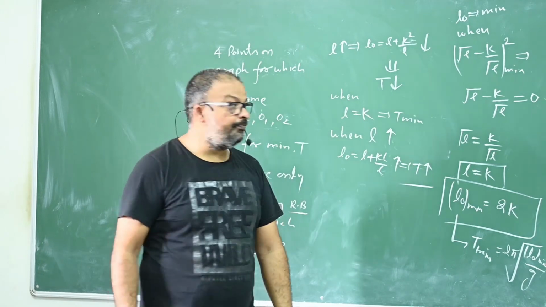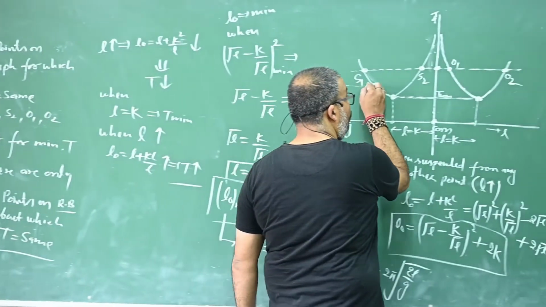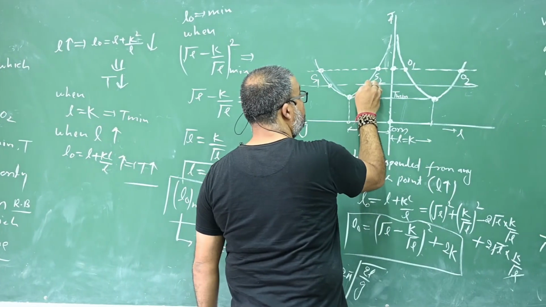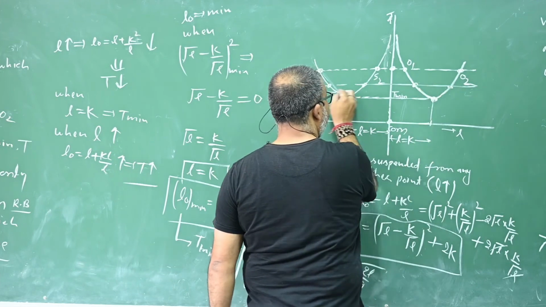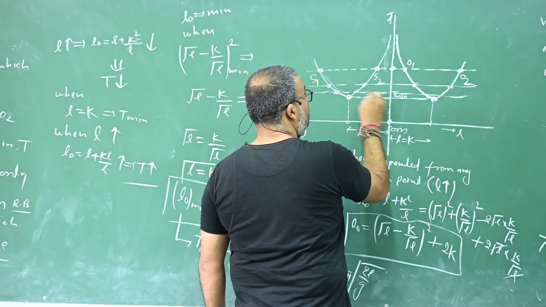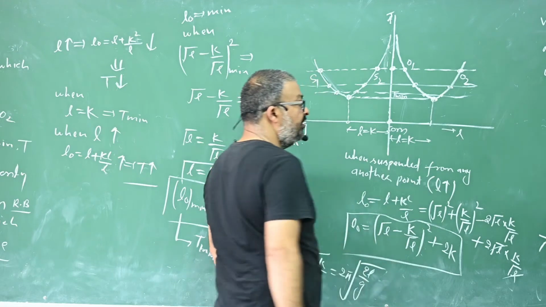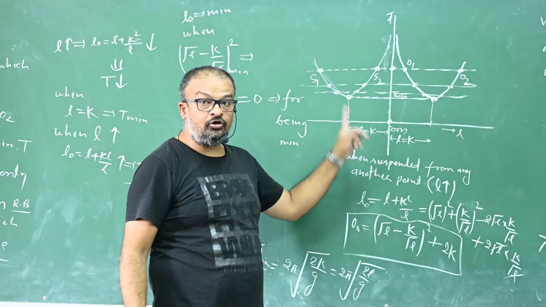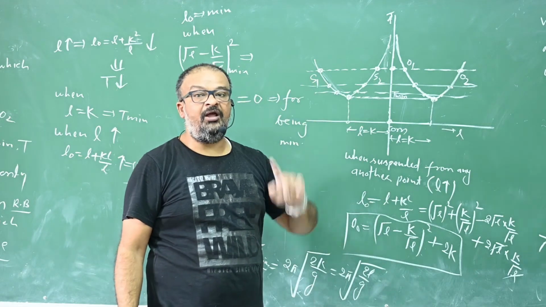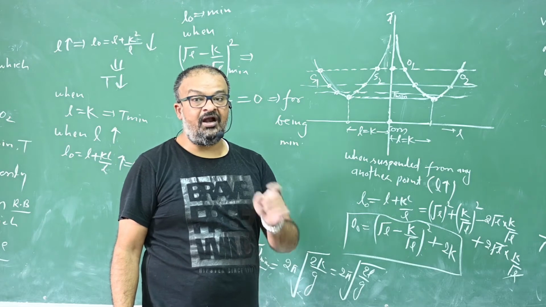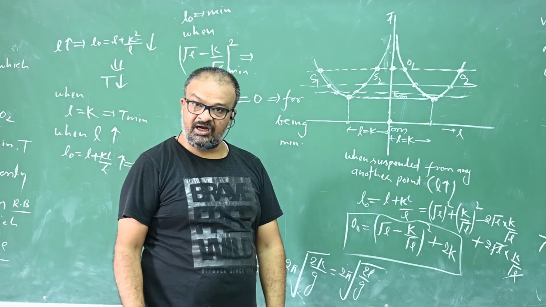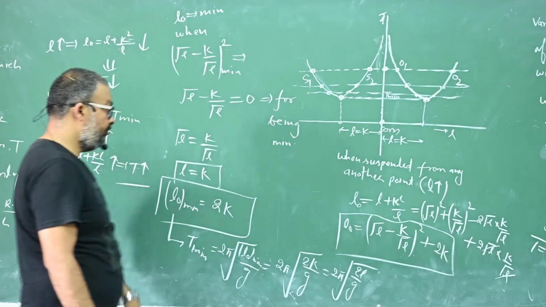Except these 2 points, there will always be 4 points about which the time period will be the same. These 2 points belong to the minimum time period, equivalent to the simple pendulum. Is that okay? Okay.